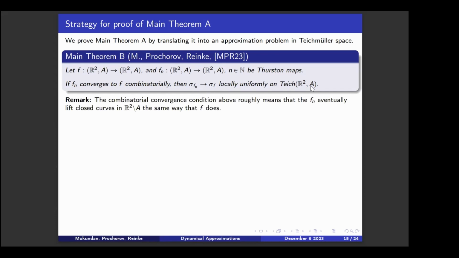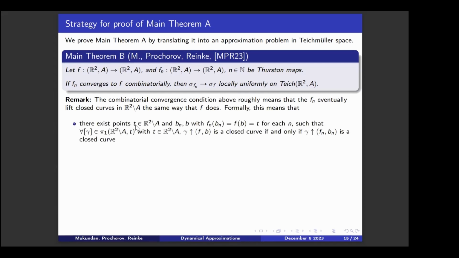Okay. So what do I mean by combinatorial convergence? So here is one thing that I mean. Roughly speaking, what it means is that all the Fn's eventually lift all closed curves in this space R2 minus A the same way that f does. So what exactly does that mean?